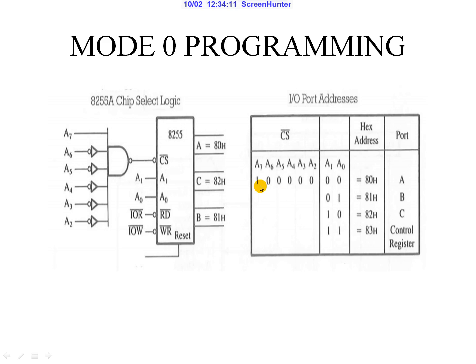If all the address lines are connected, then this chip select is going to give the address like this: 10000 has been given, and A0 and A1 are going to be either 00, 01, 10 or 11, depending upon the ports whichever we are going to use. Either we can connect with port A, port B and port C, and the control register can also be accessed by these hexadecimal addresses.